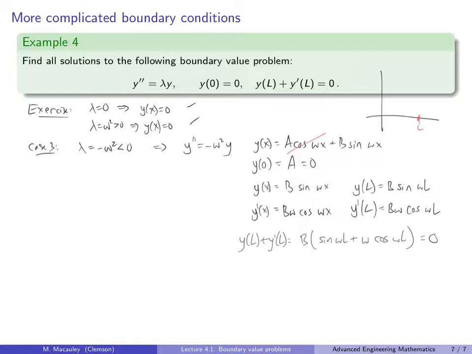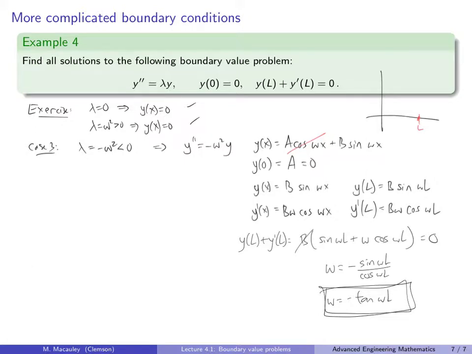I'm going to move this to the right-hand side of the equation. So again, I'm just going to divide through by b. And solving for omega, I get omega equals negative sine of omega L over cosine of omega L. So in other words, omega is negative tangent of omega L.